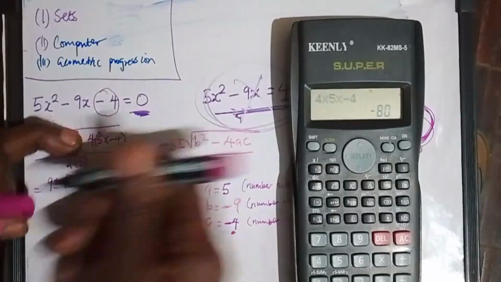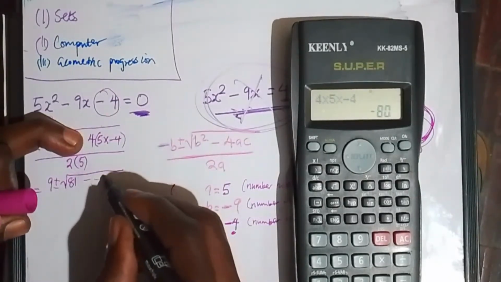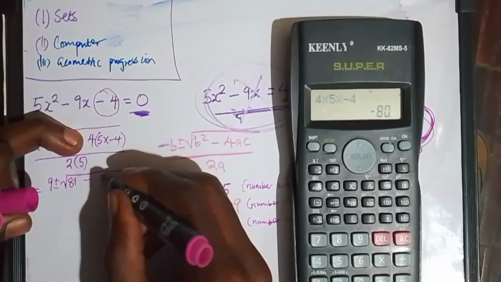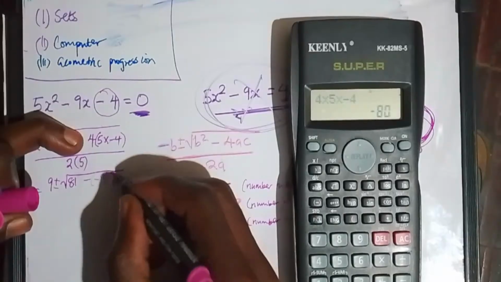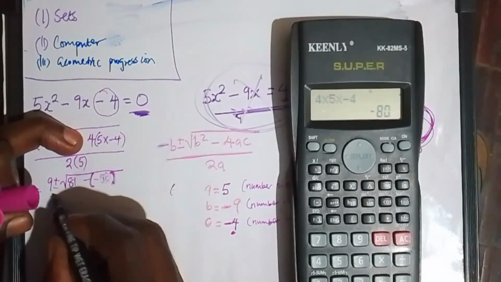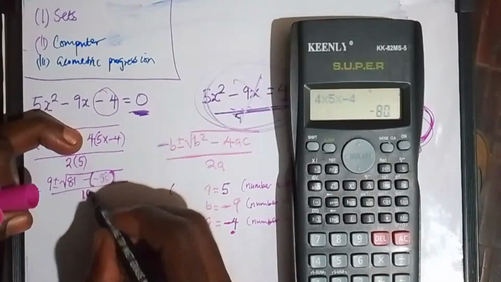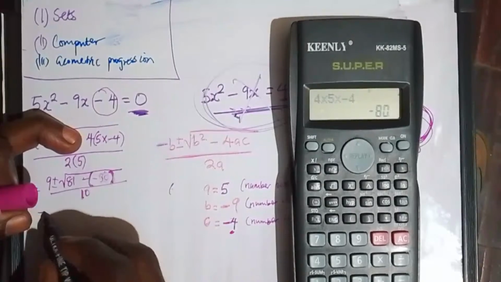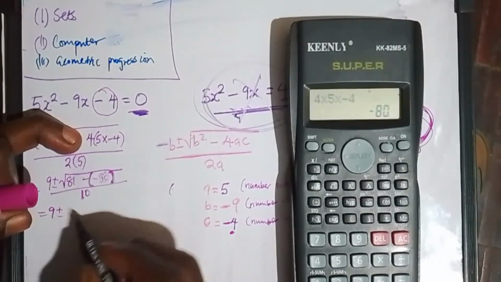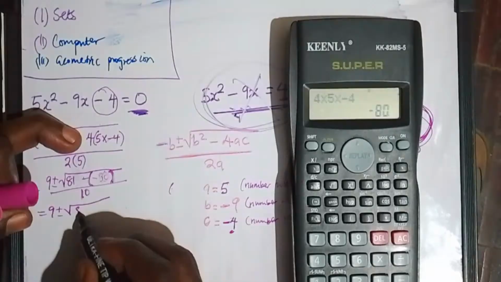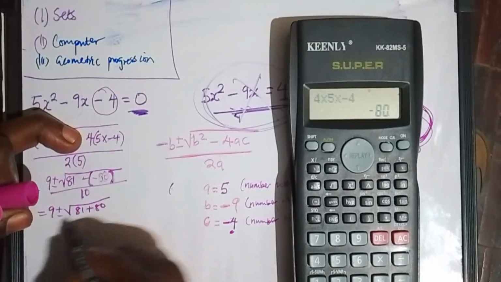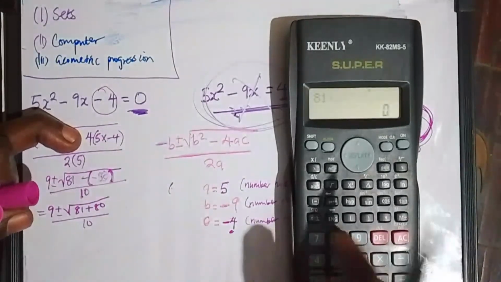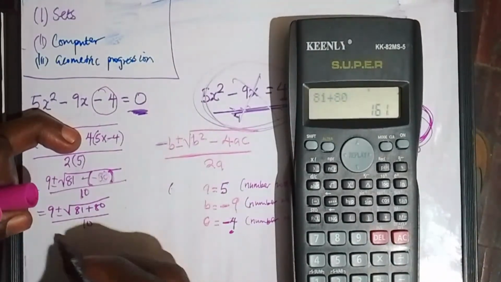We have negative 80. So you say negative 80 here. Then over 2 times 5, we have 10. Negative times negative, we have positive. So here we have 9 plus or minus the square root of 81 plus 80 over 10. Then 81 plus 80, we have 161.